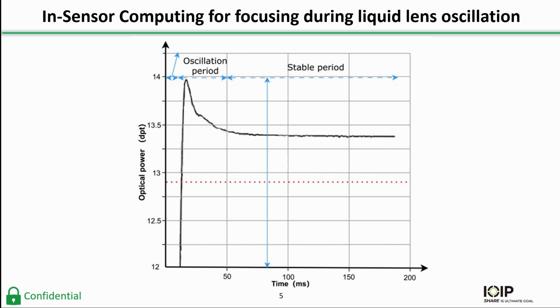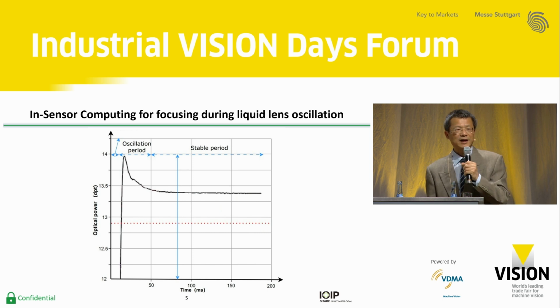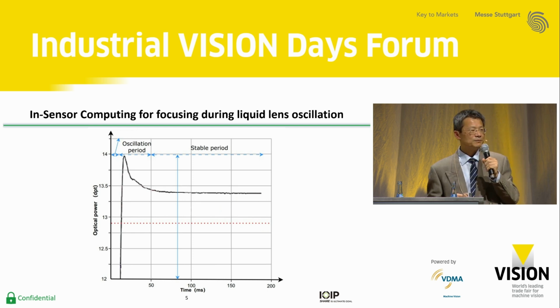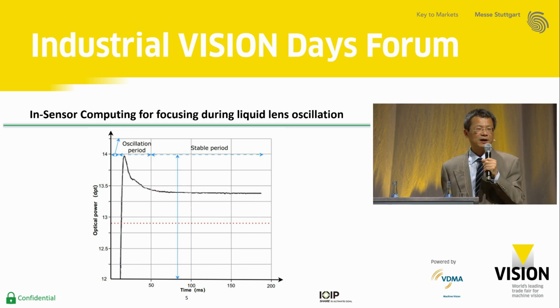According to this chart, you can see from the time and the optical power change that when the power is applied, it changes very rapidly, and then there is a little bit of what we call overshoot, then it goes to smooth. Usually we wait until that smooth area, or we say the stable period, to get the image.